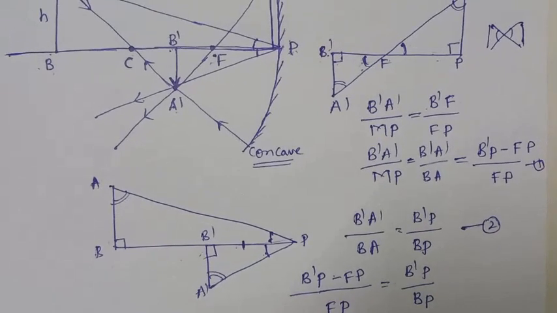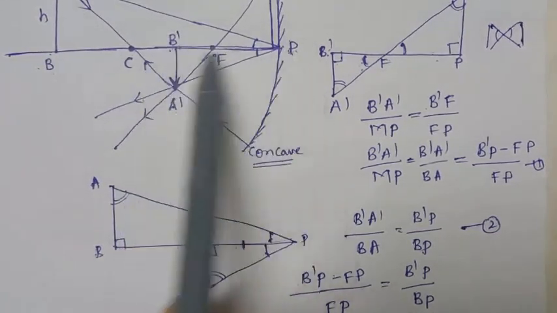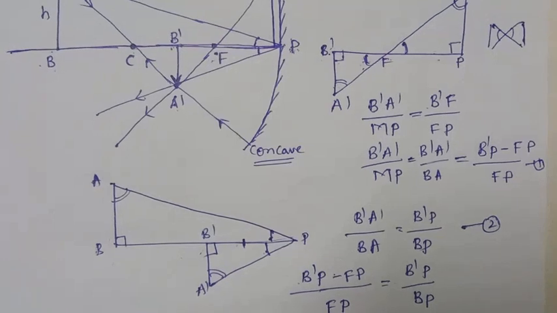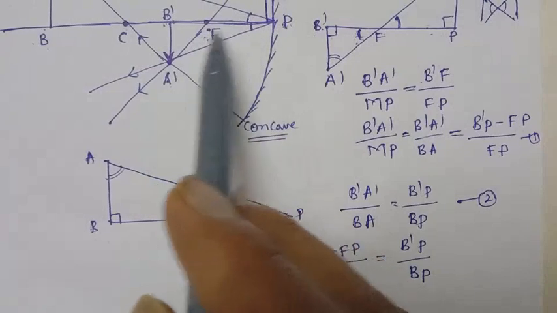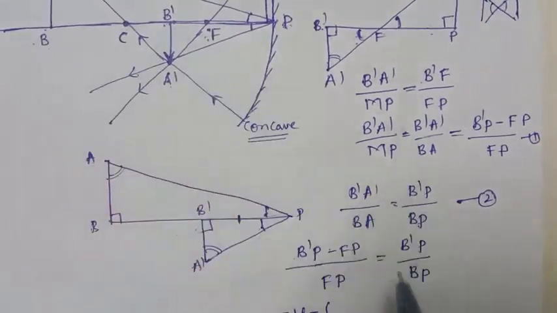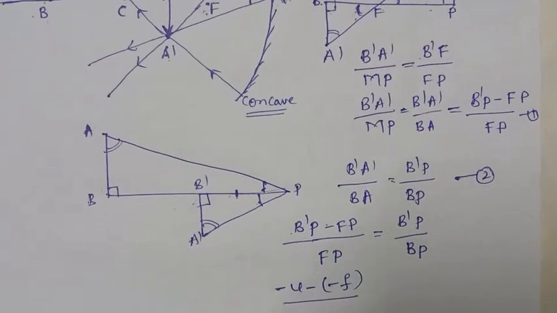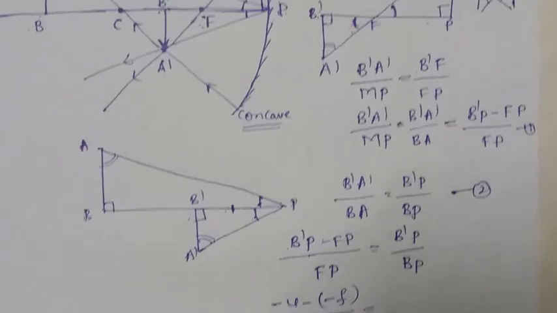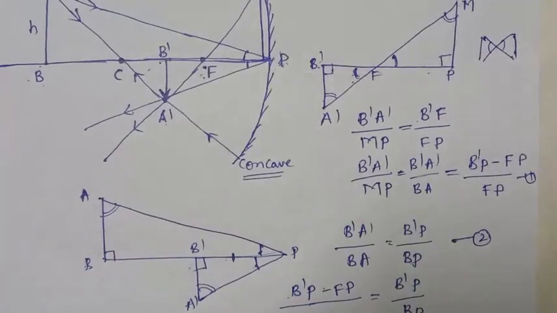Okay, so from this diagram b dash p is nothing but image distance, it is minus v, not u, sorry. And what is the fp? Fp is nothing but the focal length, and again it is the left side, that's why it is minus f.